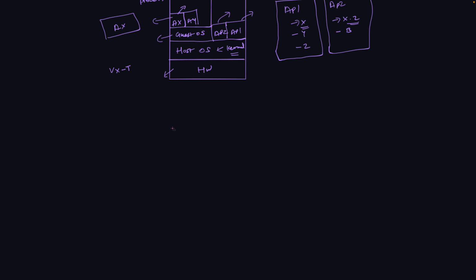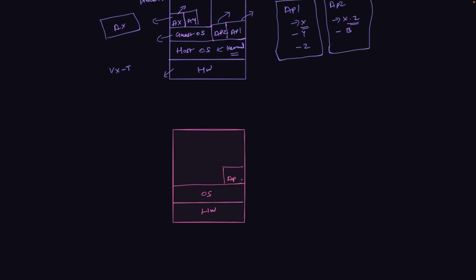I'm just going to draw another box like we have done so far, but this time we're going to start with hardware as usual, and then we are going to have our operating system kernel. Then we can have applications like application 1, 2, and so on, and also we'll have containers. I'm going to call one C1 and another container C2. These containers are exactly this isolation.